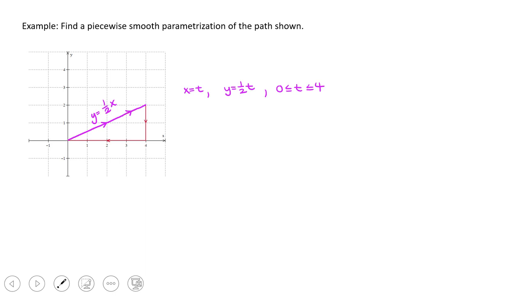We're traveling along the line y equals 1/2 x. So if I just let x equal t, then because we're on the line y equals 1/2 times x, the y's would be 1/2 times t. Okay, so x is t, y is 1/2 times t.